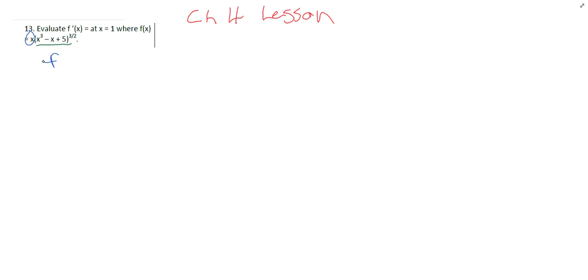Of course, we have that f equals x, and the derivative of x is just 1. And then let's take a look at g. G is going to be this entire expression, x cubed minus x plus 5 to the 3/2 power.